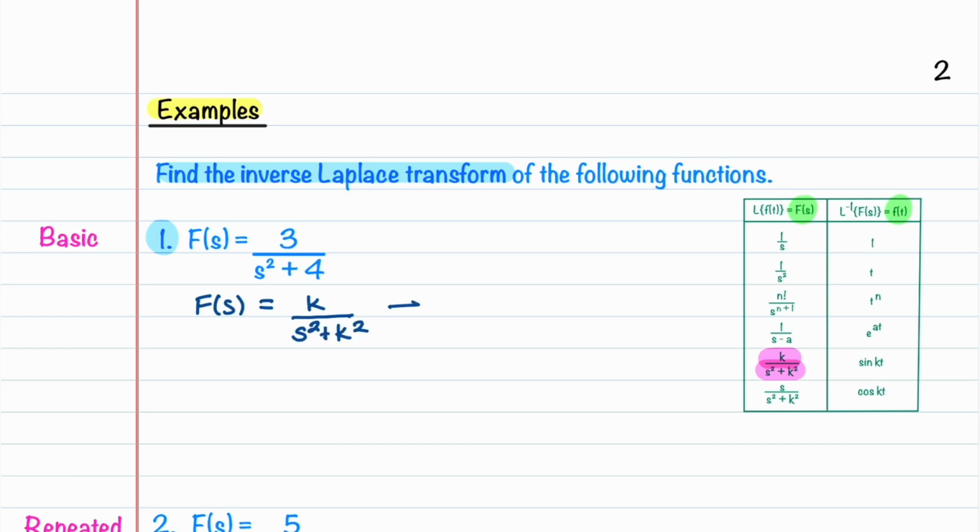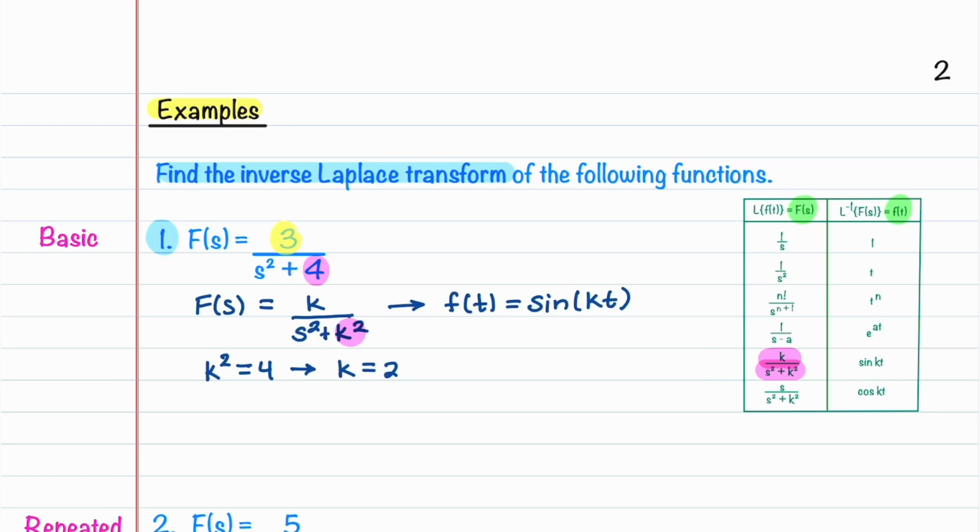The inverse Laplace transform of this function is little f of t equal to sine of kt. When we compare this function from the table to the function that we're given, we can see that k squared is equal to 4. That means that k is equal to 2.